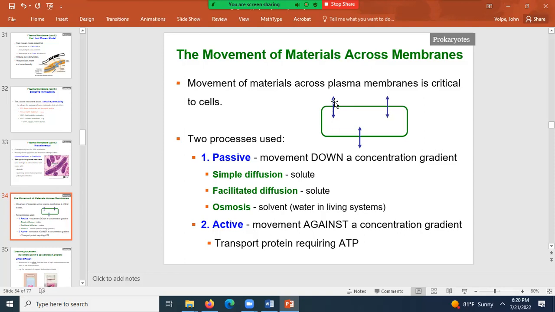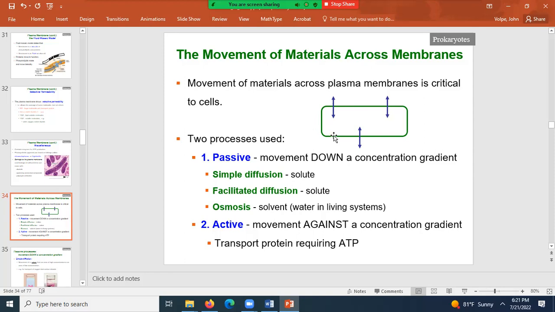So oxygen moves from areas of high concentration to areas of low concentration down its concentration gradient. And oxygen is moving by simple diffusion. Oxygen is a solute being dissolved in the water of the blood, for example, and in the water of the cytoplasm.